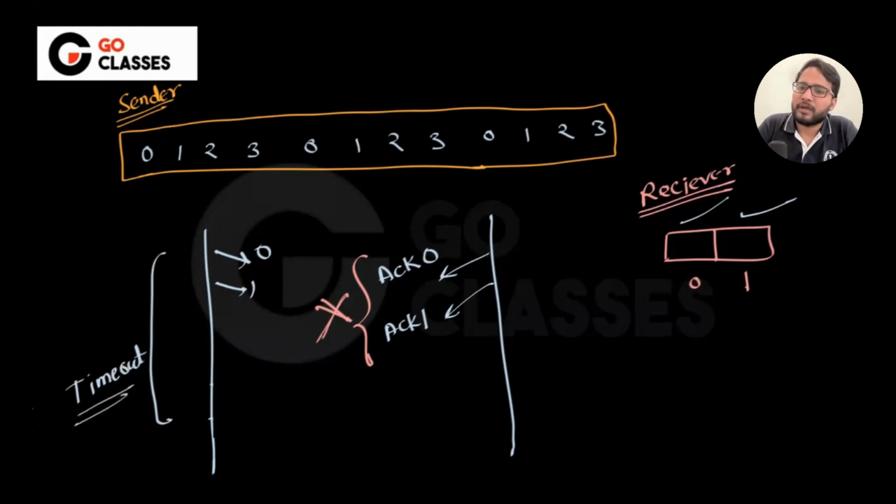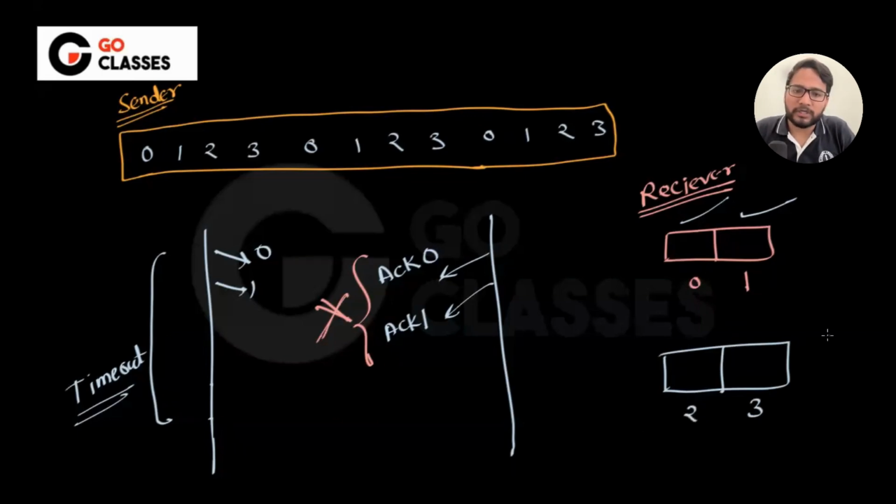What is the receiver waiting for? This is also interesting. Is the receiver waiting for 0, 1 or not? The receiver is not waiting for 0, 1, right? Since as per the receiver, 0, 1 has been reached. So the receiver is waiting for 2 and 3, but the acknowledgement is lost. So the sender will be sending 0, 1 again.